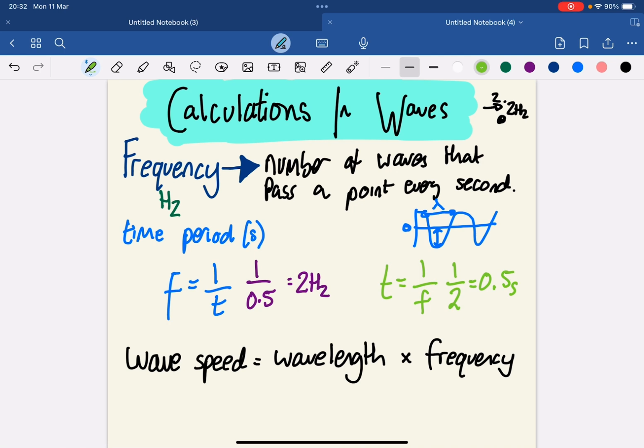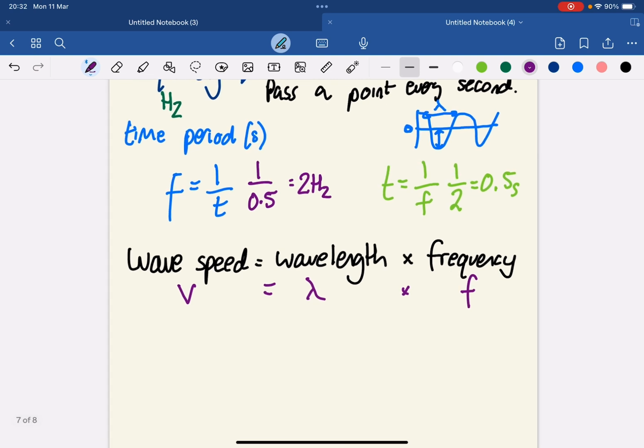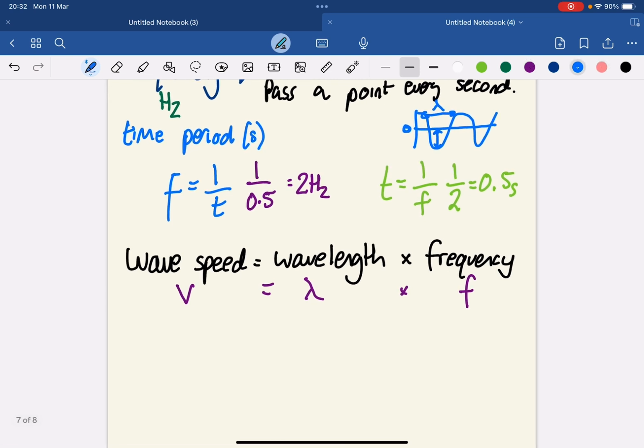So now we've worked out the frequency, we might have to work out the wave speed. So the wave speed, velocity, is equal to the wavelength times the frequency. So the wave speed, the velocity, is measured in meters per second, wavelength in meters, and the frequency in hertz.